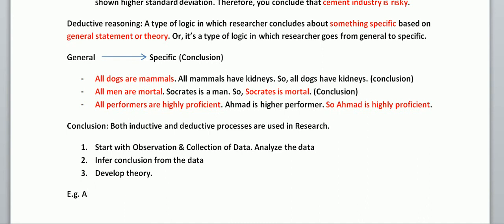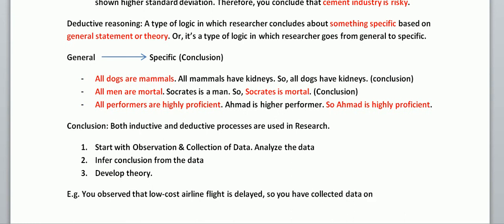I'm just giving another example. You observed that a low cost airline flight is delayed. Several times you have observed that a low cost airline is delayed, that it is not on time. So you have collected data on 20 flights from low cost airlines.